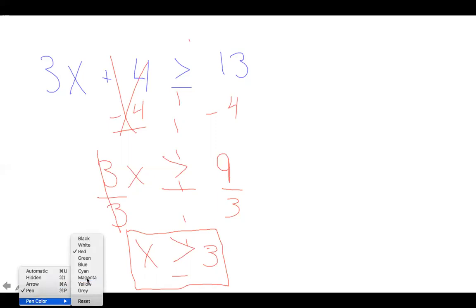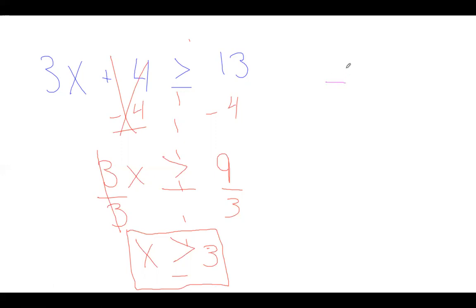The one key difference that we learned is if we have, for example, negative, so this will be example 1, if you want to write that down. This will be example 2. Negative 3x is less than 12, let's say.